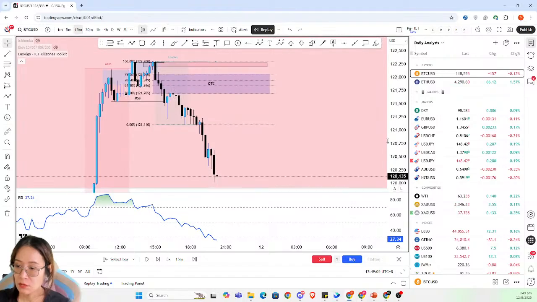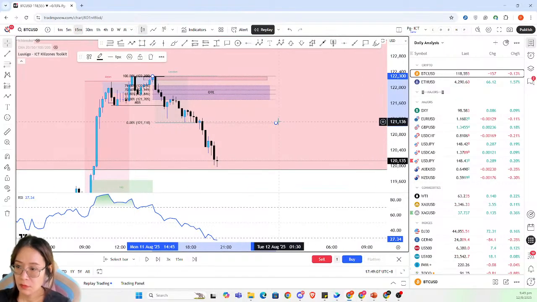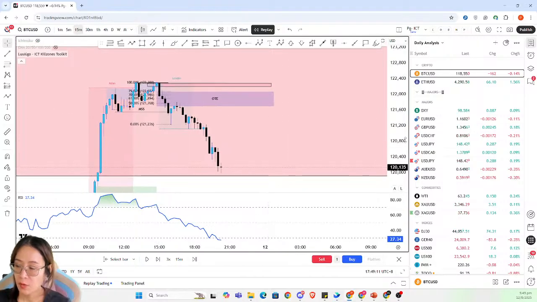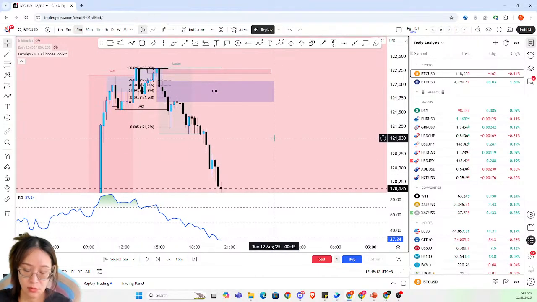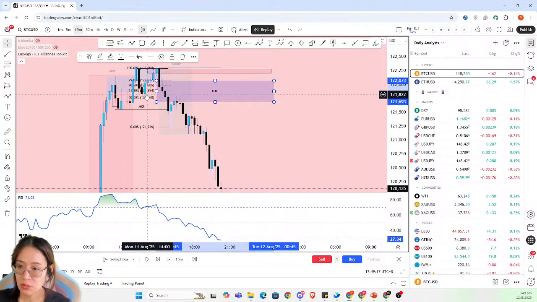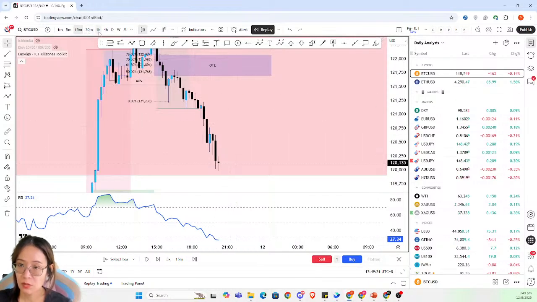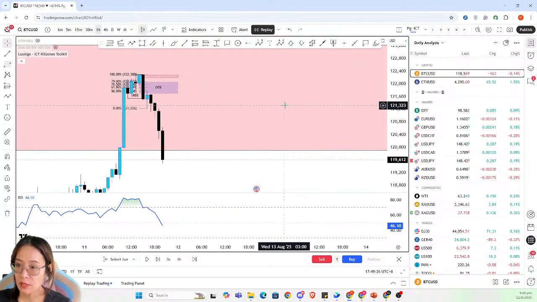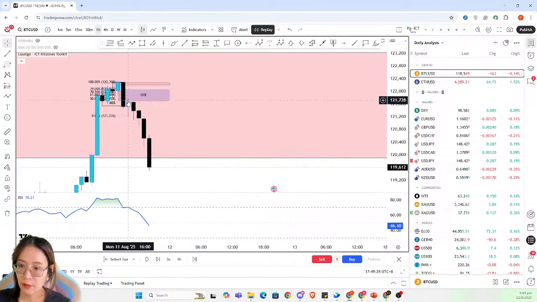So just now, price was at this low, remember? And price went into my OTE, optimal trade entry. Okay, 50%, and then price is falling all the way down. You can go to the higher time frame and have a look. Where is our entry? It is here.